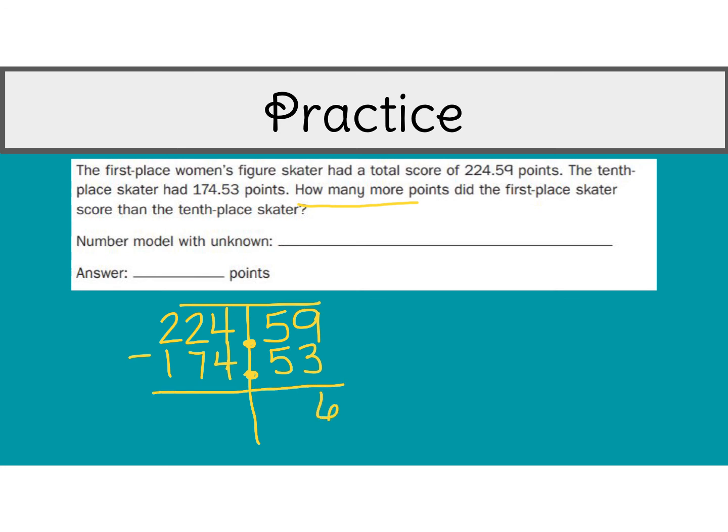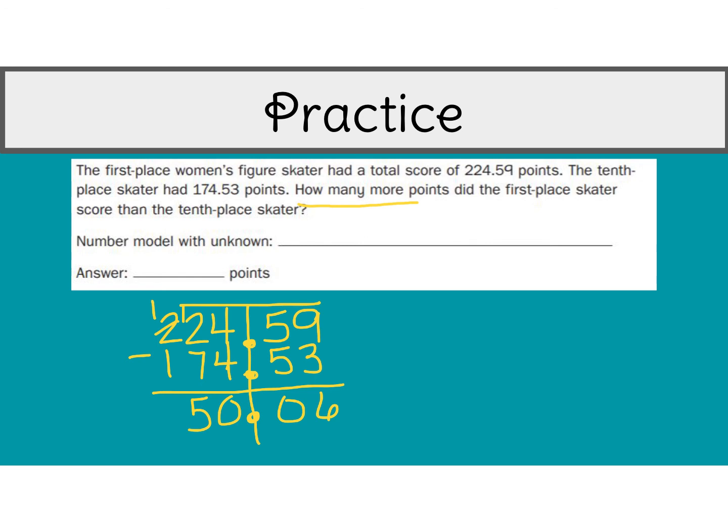So we get 6 here, 0 here, decimal point doesn't move, make sure to put it in, 0, have to regroup, and once again, we get the same answer that we got with the last technique, 50 and 6 hundredths.